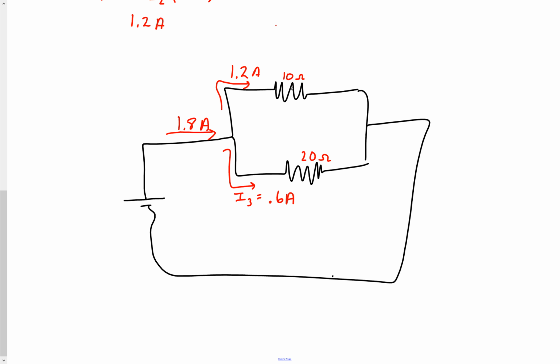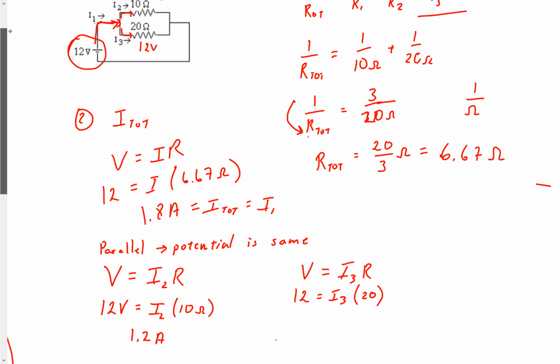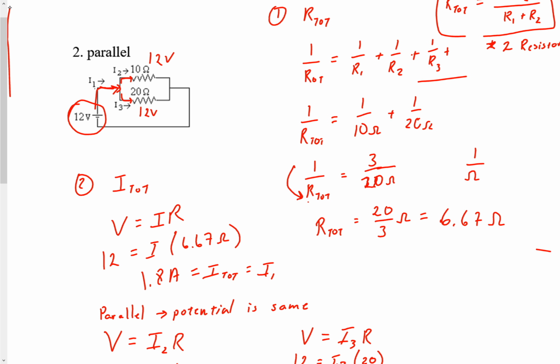So if it's got twice the resistance, it's got 1/2 of the current flowing through it. So anyway, this was by no means meant to be a comprehensive parallel and series video. If you want to go into huge details and explanations, I've got other videos that go into far more detail.